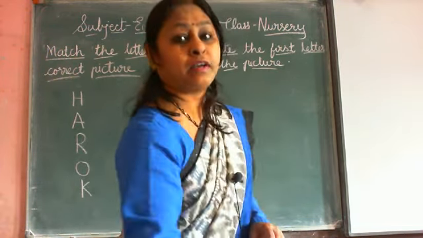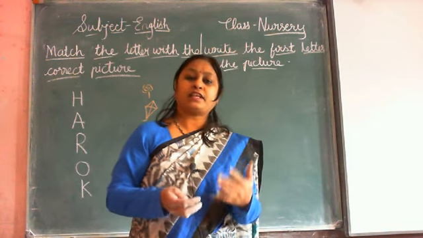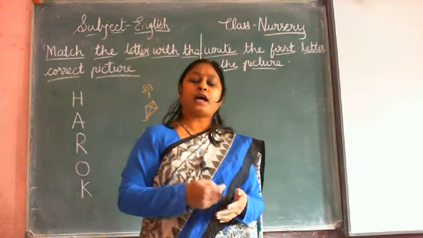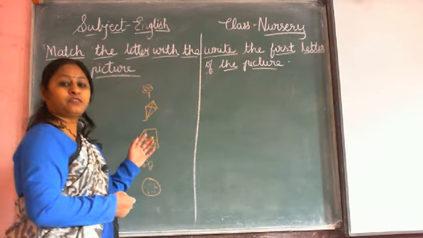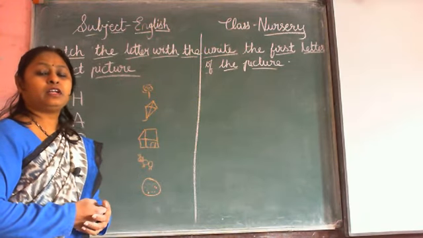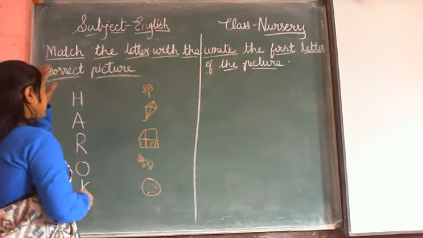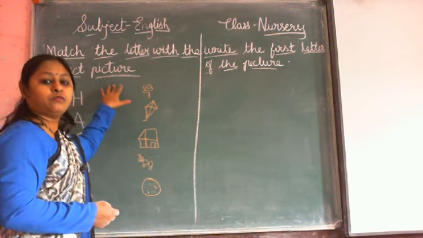We are starting revisions, so you have to practice all the works which are done. Look here. First question. Look at the board. First question was match the letter with the correct picture. What we have to do?